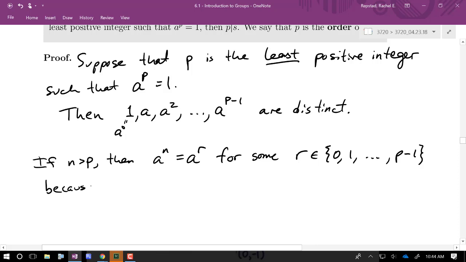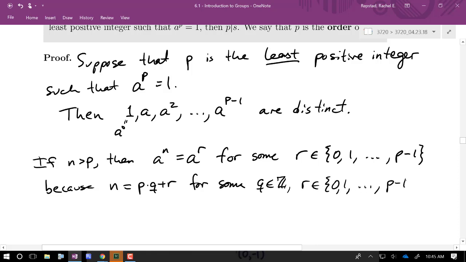And because N is greater than P, we can write N as P times Q plus R, just using the division algorithm here, for some integer Q and R in this set.